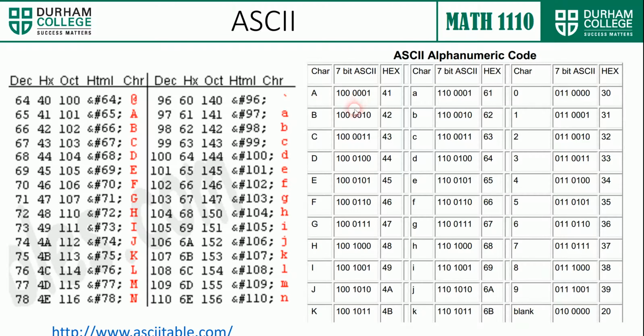It's a 7-bit ASCII, and it makes use of binary coded decimal. So 4 is represented by 100 here, the third bit is on, and the third bit represents 4. Then the first bit is on here, which represents 1. Then there's 1, 2, 4, and 8, but just the first one is on, so that's 41.